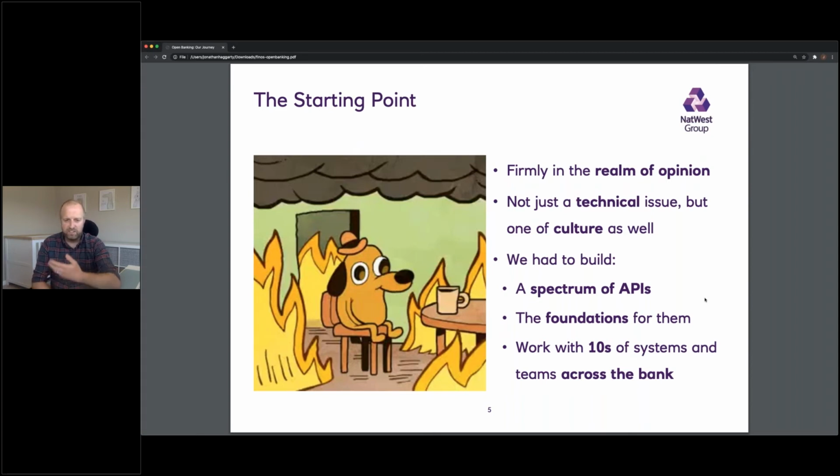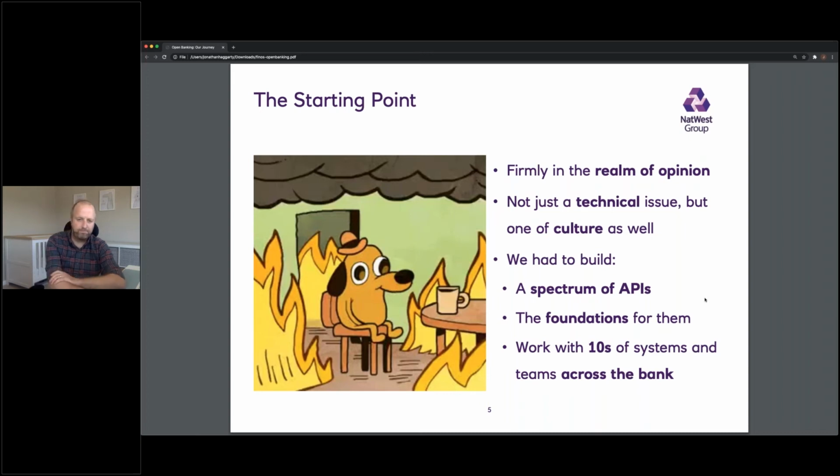So it took a lot of convincing and cajoling people over the course of a number of months and even years to try and change that culture. And as I say, we had to build across a spectrum of systems, a spectrum of teams, a spectrum of product sets, which really adds to the complexity of trying to get this stuff delivered in any reasonable period of time.